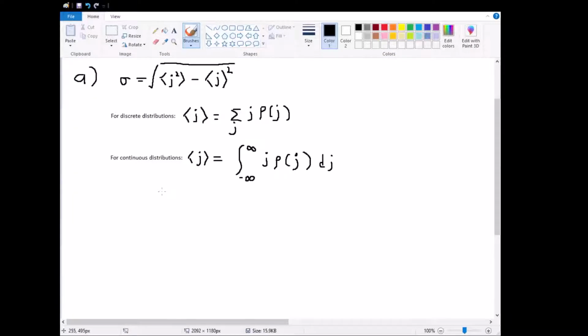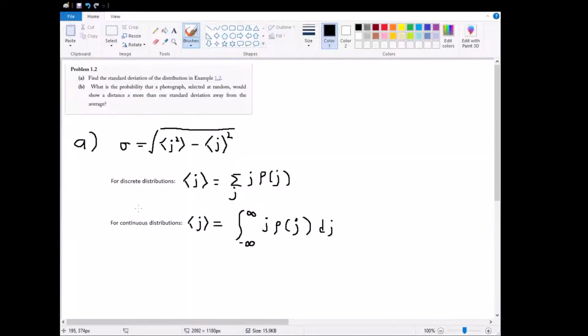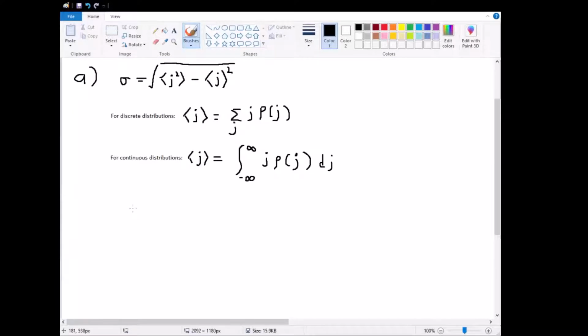Now, from the example, which if you don't know what it is, you should probably watch the example video I did for example 1.2. But we already know that the probability distribution of x, where x is the distance the rock has fallen, is equal to 1 over 2 times the square root of h times x, where h is the height of the cliff, x is the distance it has fallen, and we know that x is constrained on the interval from 0 to h.